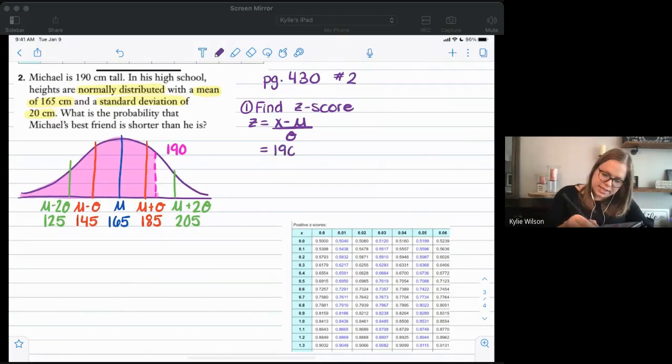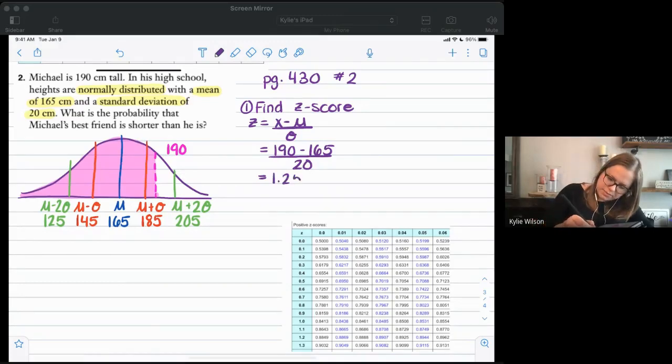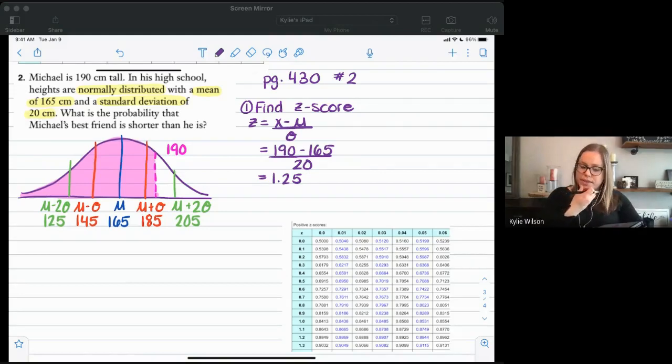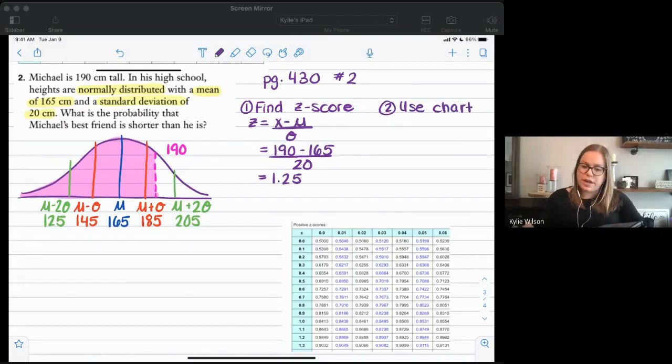So I'll have 190 minus 165 all over 20. And that will give us 190 minus 165 divided by 20 is 1.25. There we go.